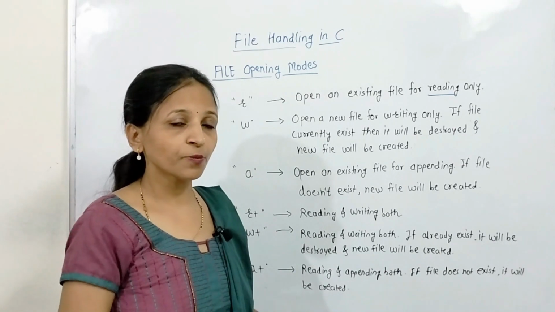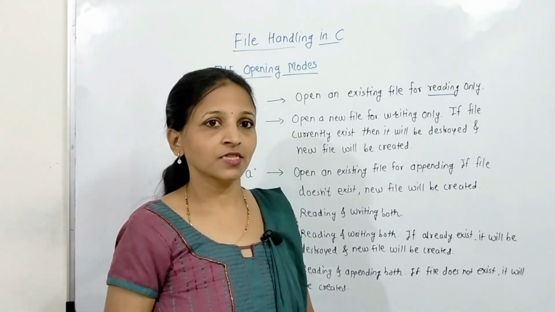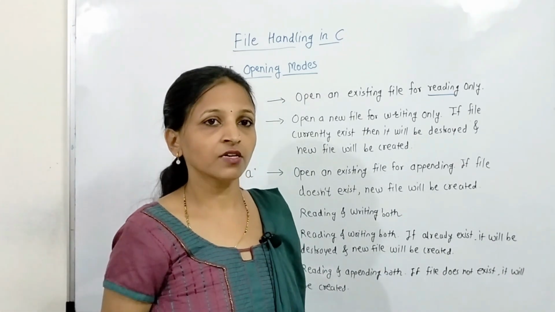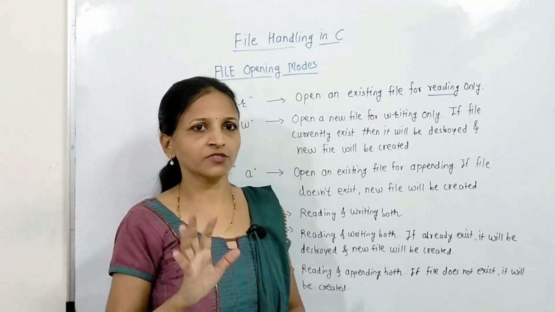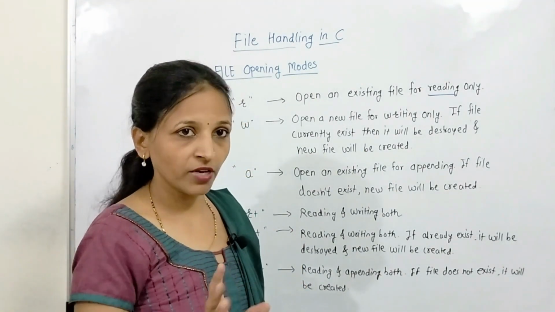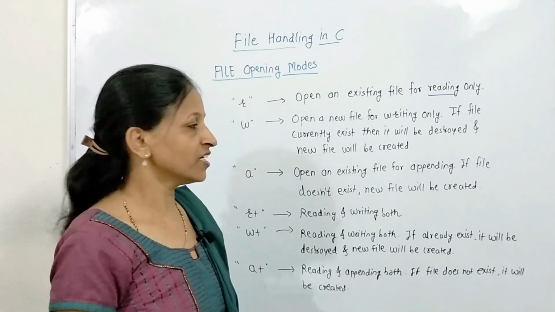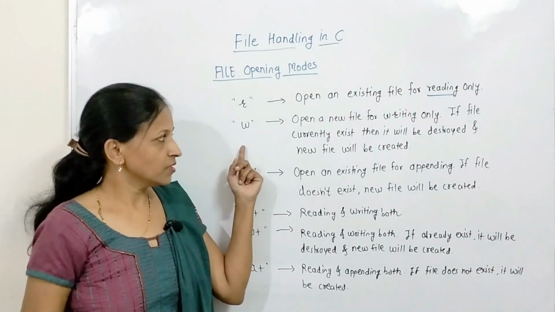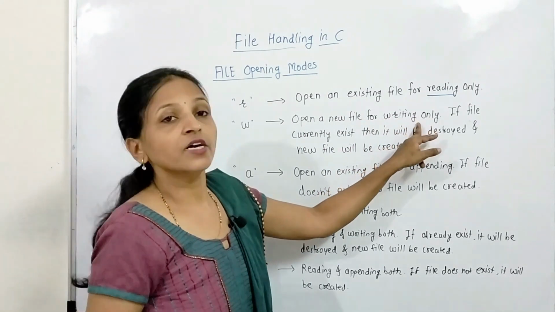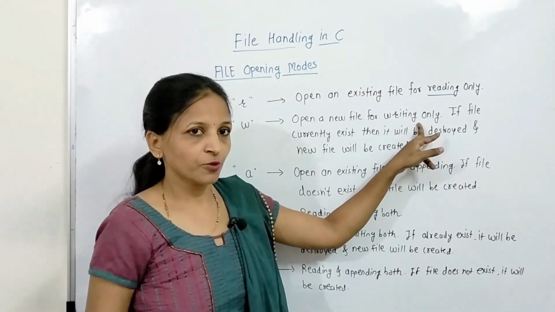Getting? Only if there is no disk space for creation of a new file, for storing any extra information, then only the fopen function will return null if you have opened that file in W mode.